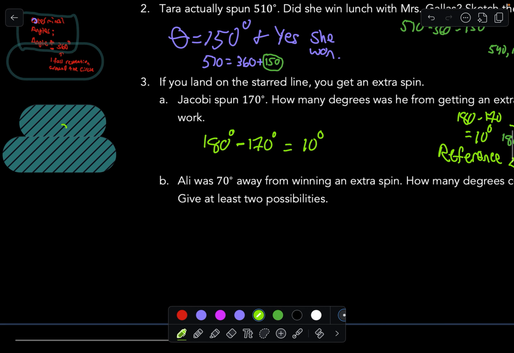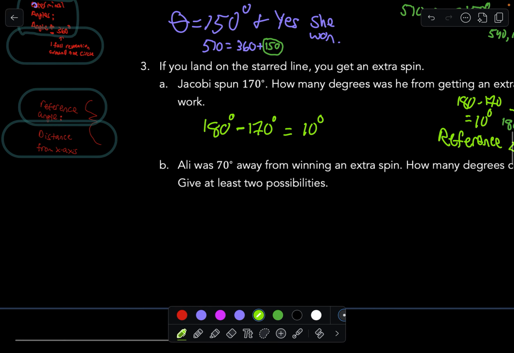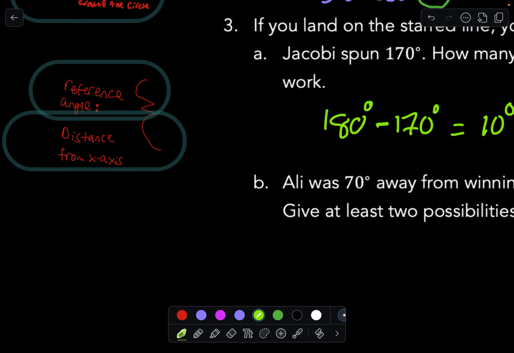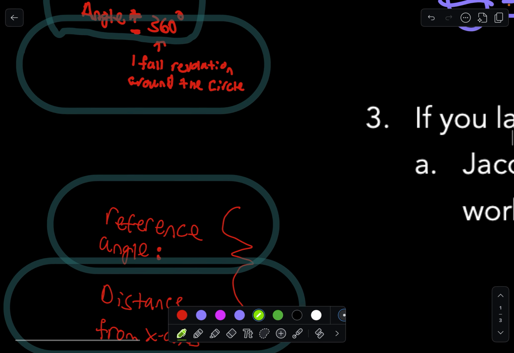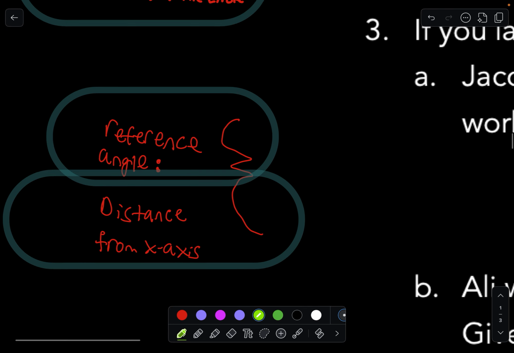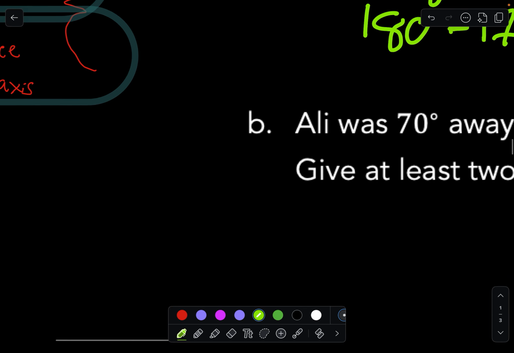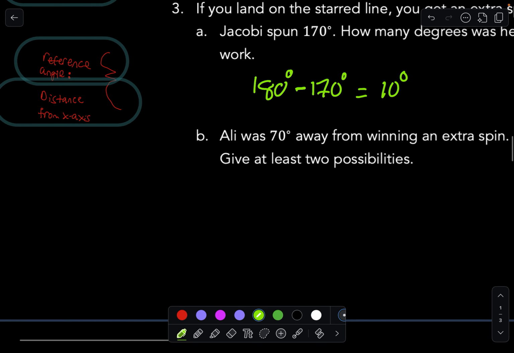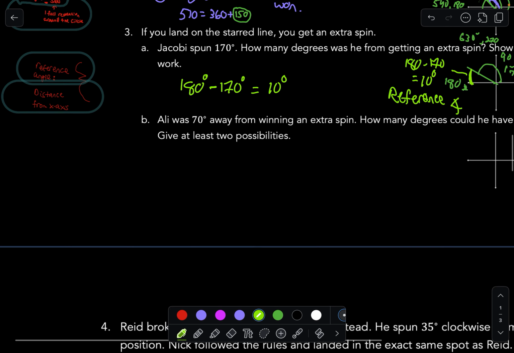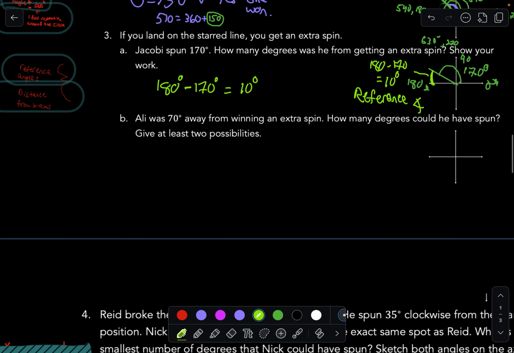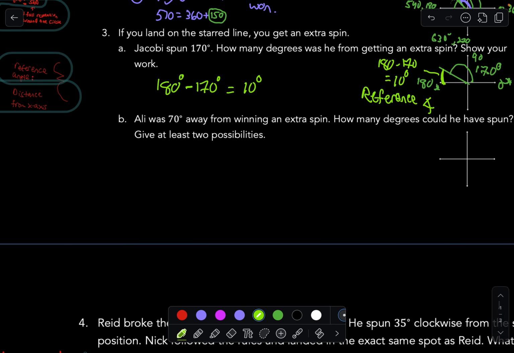So we refer to those as reference angles. Reference angle is the distance from the x-axis. You're always going to be trying to figure out what the reference angles are when you get into higher level math. We won't get into it here. The next lesson will be the unit circle, and you'll just get to see it and know that it's out there.